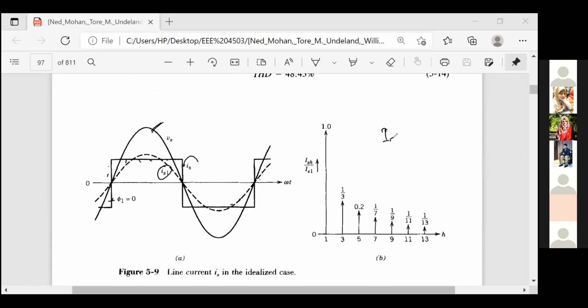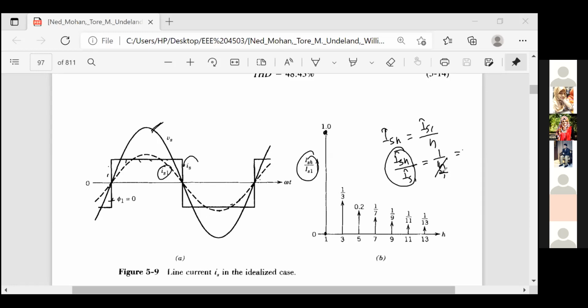And we have already told you the formula for the fundamental component of your harmonics. Then if we write IS by IS1, that is 1 by H. So you put H equal to 1. What is this factor? 1, right? So they got 1.